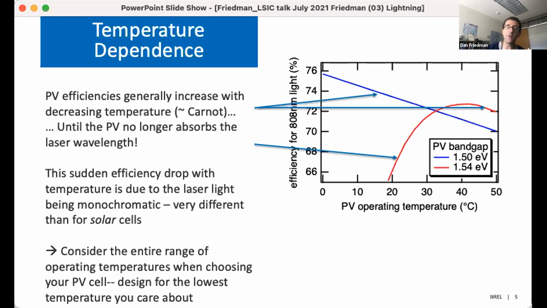By giving up a little bit at the higher temperatures, you can get rid of this problem at the lower temperatures, as shown in the blue. So consider the entire range. This is not a problem at all. It's just something to be aware of: you consider the entire operating range of temperatures when you choose your cell. That's all. Next slide, please.